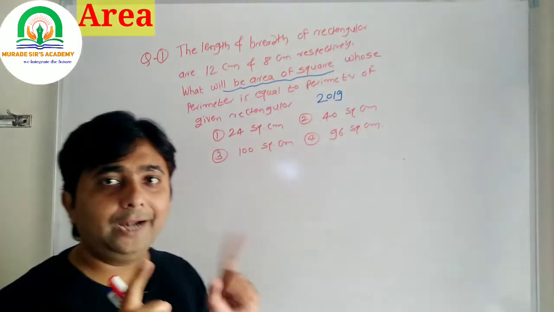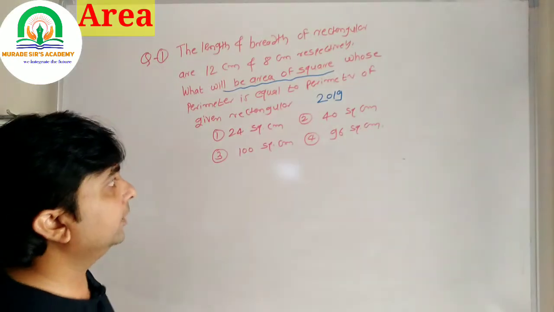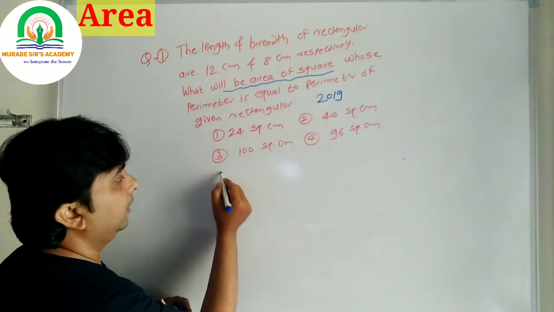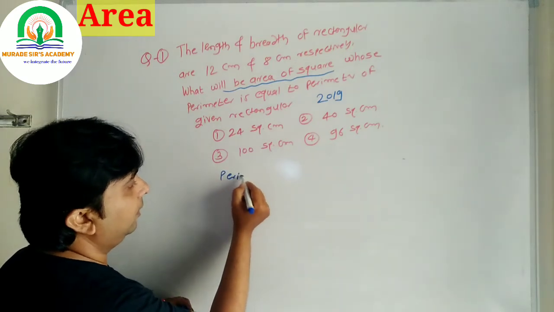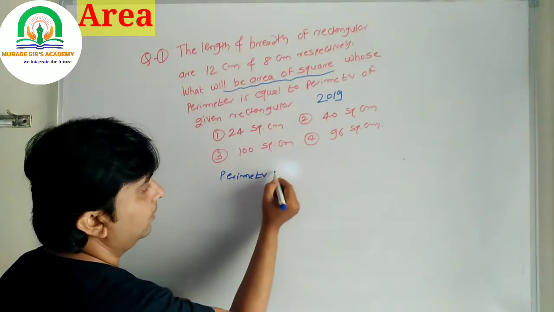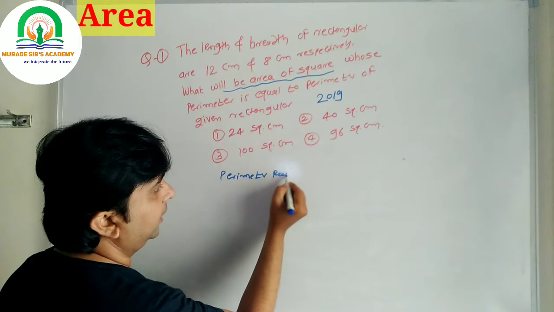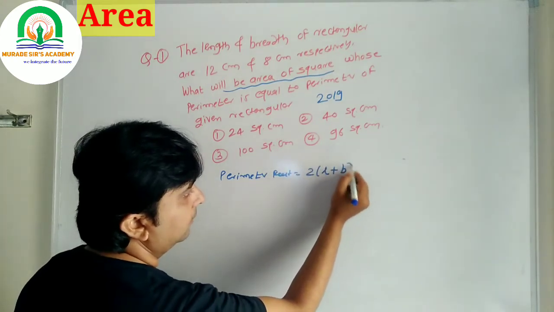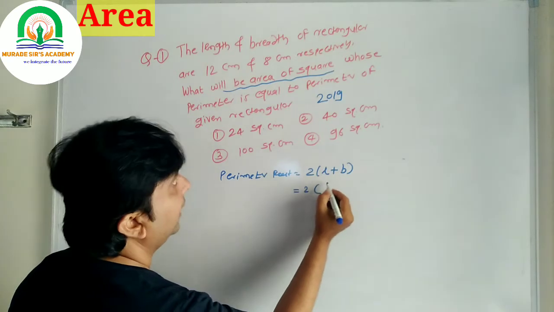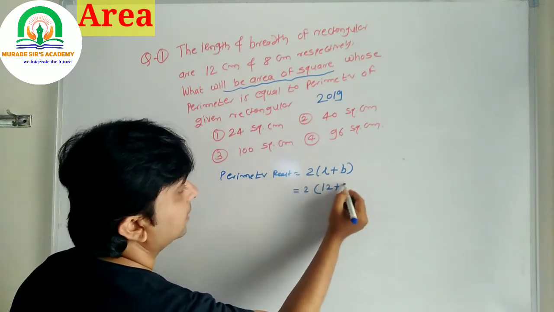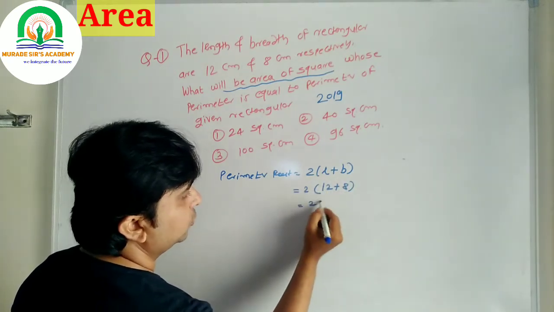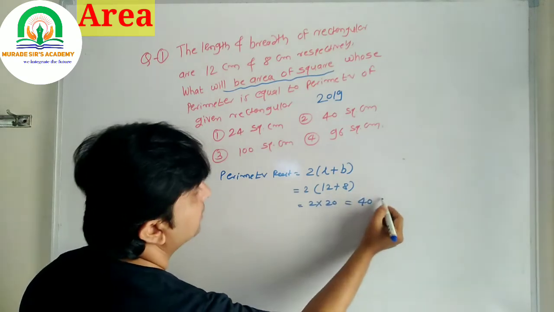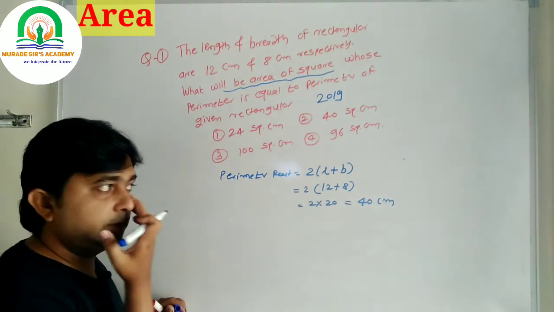Then we start with the perimeter of the given rectangle. Perimeter of a rectangle is equal to 2 into (length plus breadth), so 2 into (12 plus 8), which is 2 into 20, 40 centimeter.